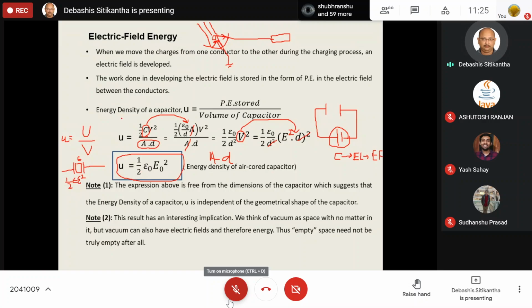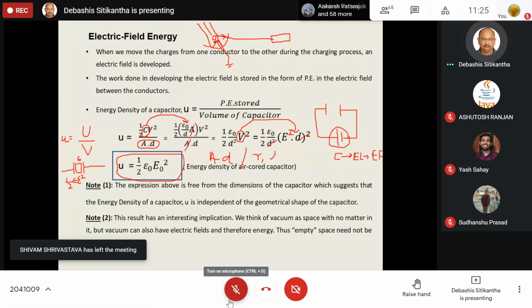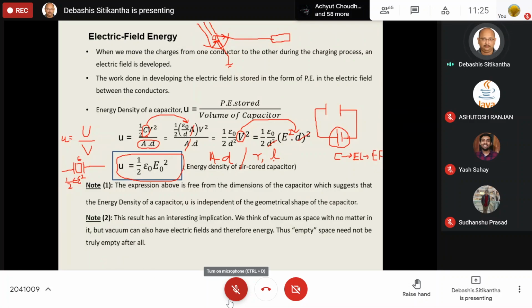Similarly, suppose I had used a cylindrical capacitor, where the parameters are R, the radius of the cylinder, and L, the length of the cylinder. You will find that the expression for U again comes as half epsilon 0 E square, which clearly suggests that it is independent of R and L. So ultimately I can say that the energy density is the same for all types of capacitor irrespective of their dimensions.